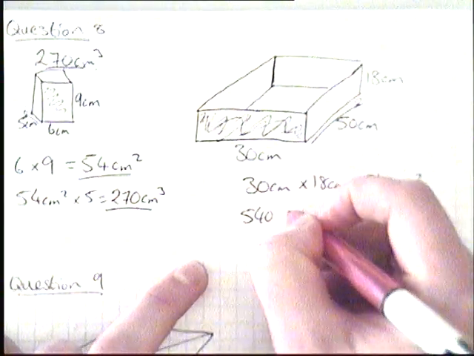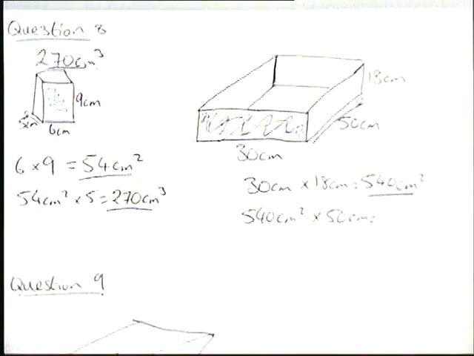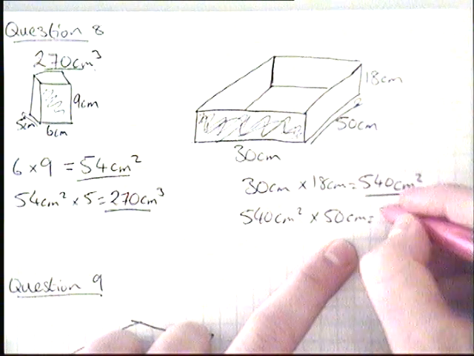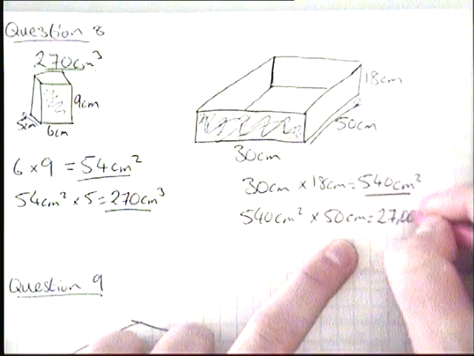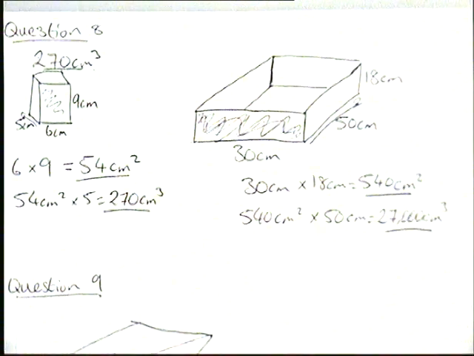So 540 centimeters squared times 50 centimeters leaves us with 27,000 centimeters cubed.